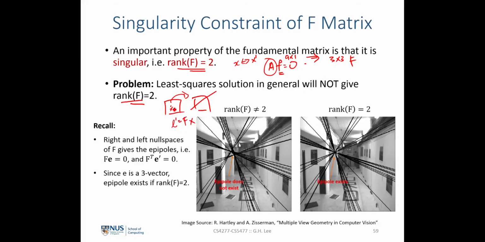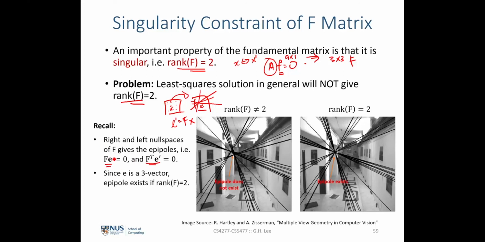We said earlier that if we transfer multiple points on the first image into epipolar lines in the second image, all these epipolar lines should intersect at the epipole, denoted by e prime in the second image. And e prime should lie on the left or right null space of the fundamental matrix.